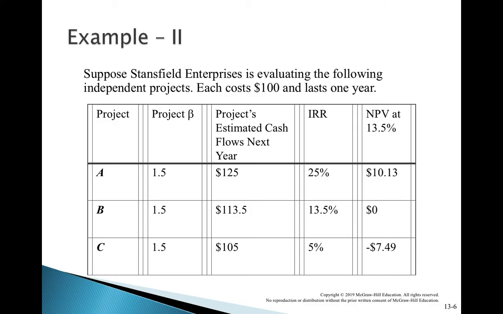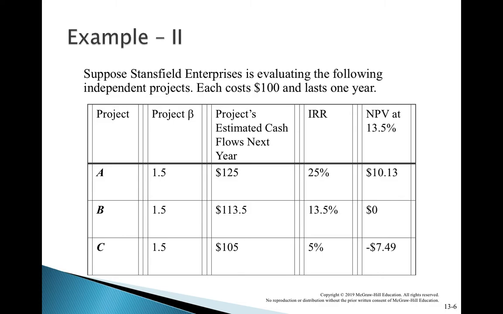For project B, 113.5 minus 100 divided by 100 is equal to 13.5%. For C, 105 minus 100 divided by 100 is equal to 5%. And the NPV at 13.5%, because 13.5% is the cost of equity, we calculated as 10.13 for project A.